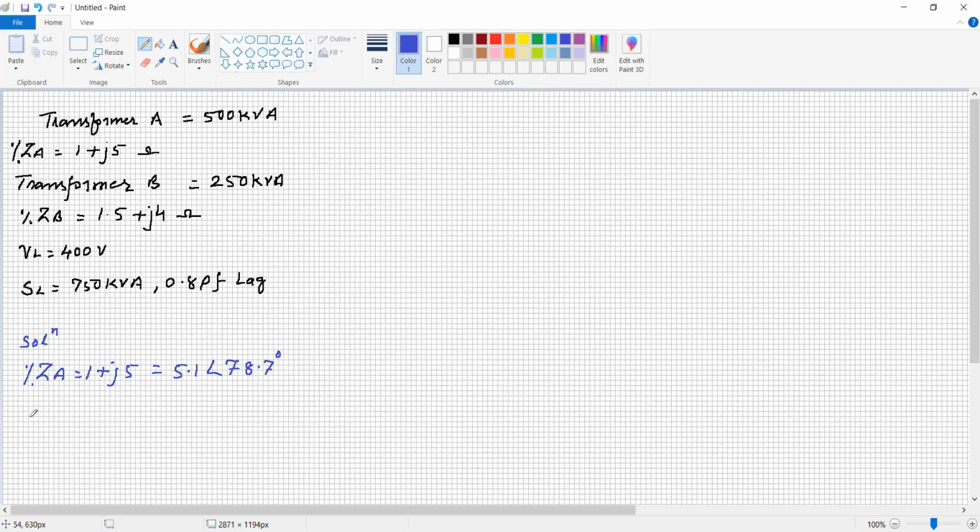Whereas ZB on the 500 kVA base is 500 kVA divided by the kVA rating of transformer multiplied by the impedance 1.5 plus J4, which is equal to 3 plus J8, equal to 8.55 at an angle of 69.4 degrees.